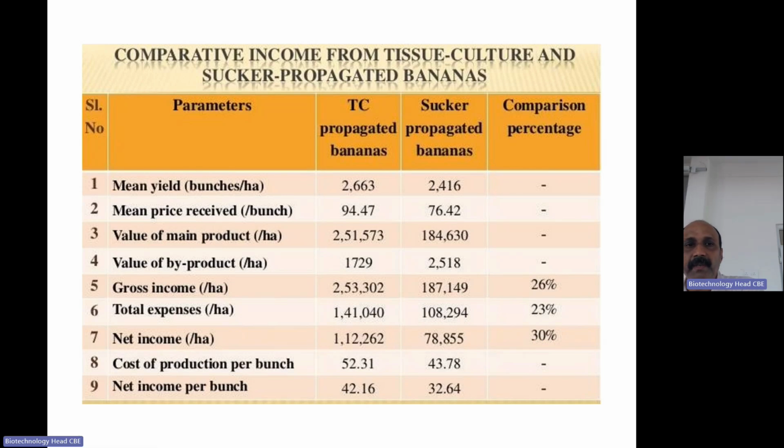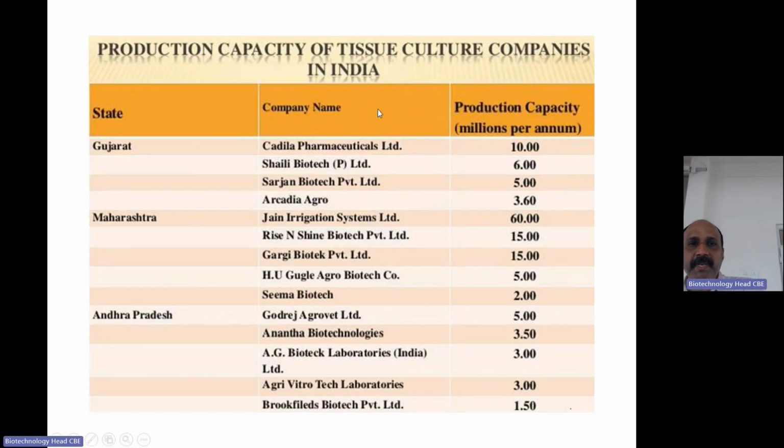The production capacity: the largest producer will be Maharashtra, and you have Jain Irrigation with a production capacity of 60 million plants per year. So to start a tissue culture industry, how many plants do you need to produce? First classification.